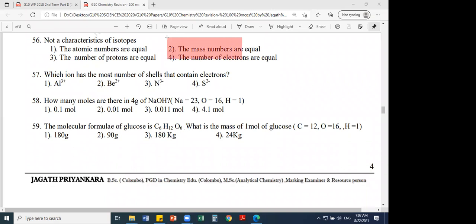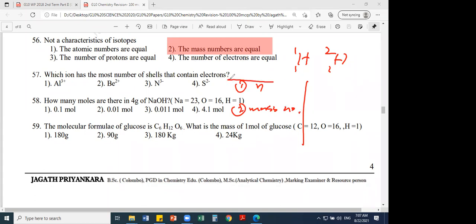Please pay attention to the question word and the active word. In case of isotopes, the mass numbers are not equal. What is not equal in case of isotopes? If you take H-1 or H-2, deuterium, tritium, mass numbers are not equal. And neutrons are not equal. Others are equal. So what is not equal? Neutrons and the mass number.